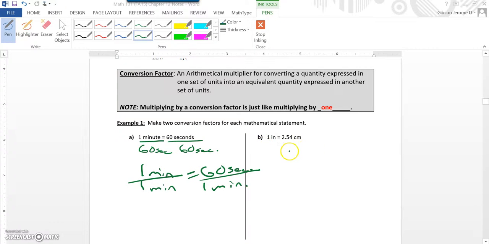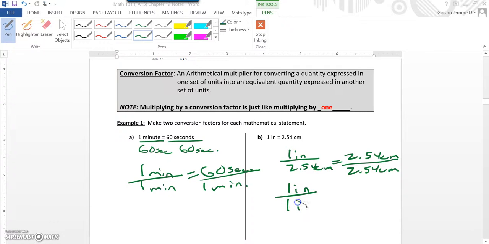Okay, now the same thing here. 1 inch over 2.54 centimeters is equal to 2.54 centimeters all over 2.54 centimeters. And then we can divide both sides by 1 inch. 1 inch divided by 1 inch is the same as 2.54 centimeters over 1 inch.